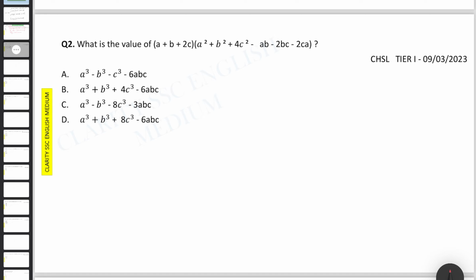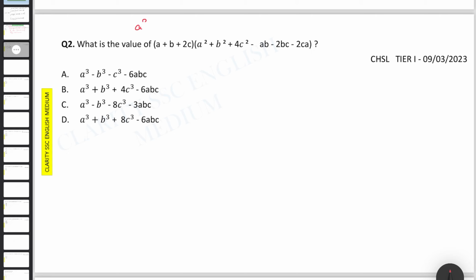What is the value of a plus b plus 2c whole into a square plus b square plus 4c square minus ab minus 2bc minus 2ca? Let's see this. This is the same case that we have just discussed.